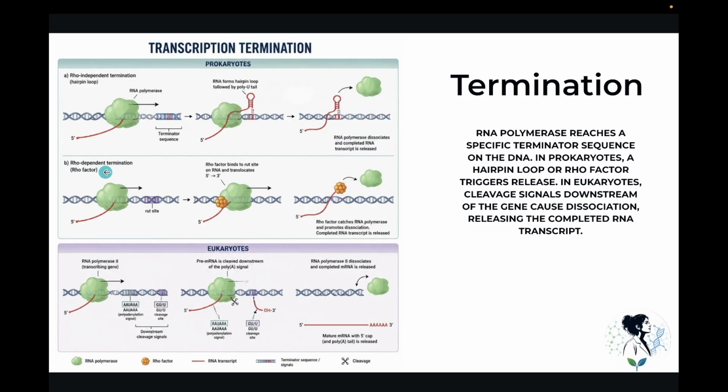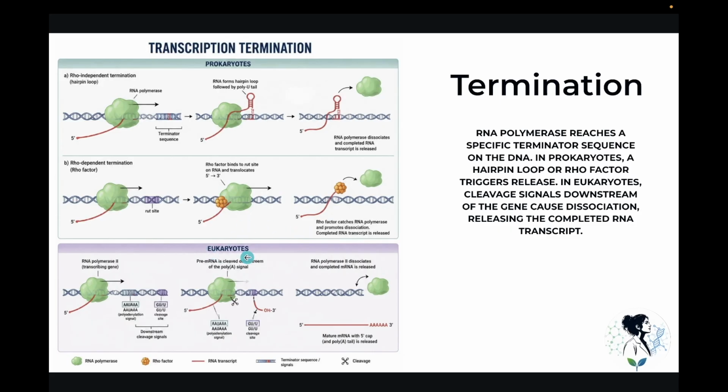Now in case of rho dependent, as RNA polymerase moves forward, it identifies a rut site at which rho protein binds. Once it binds to that factor, it signals the RNA polymerase dissociation and release of the complete RNA from there.